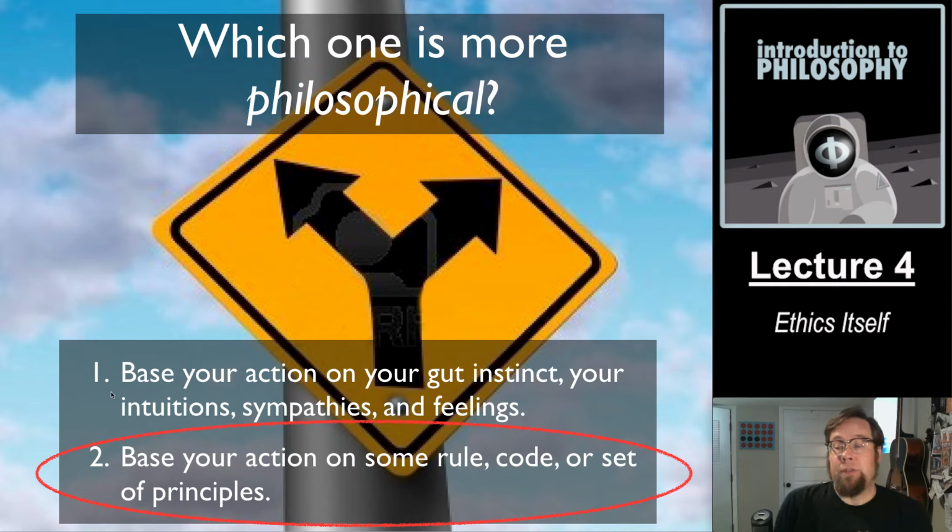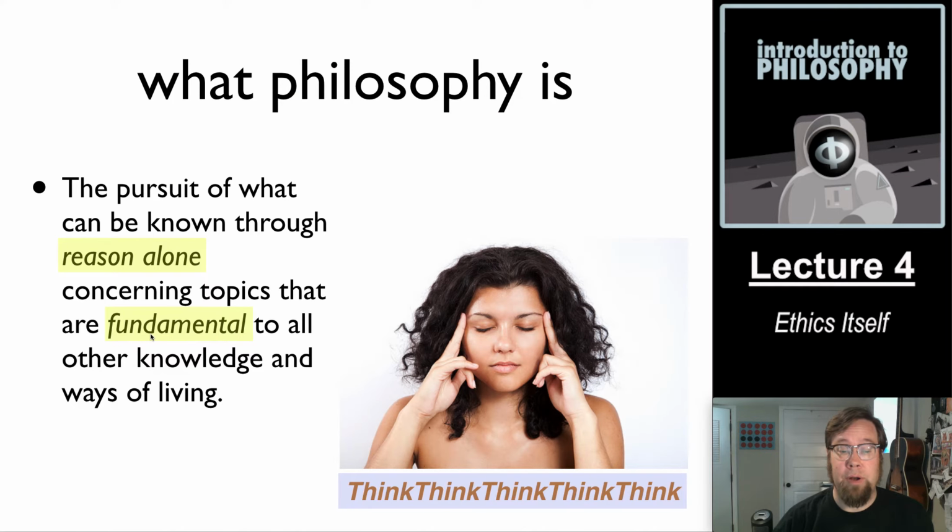So various philosophical approaches to ethics are trying to figure out something like rules or principles that don't just boil down to the rule of law, but somehow transcend legality, or somehow go above and beyond them, or are more basic or fundamental. And that relates to another part of our definition of philosophy, the part that focuses on things that are fundamental.